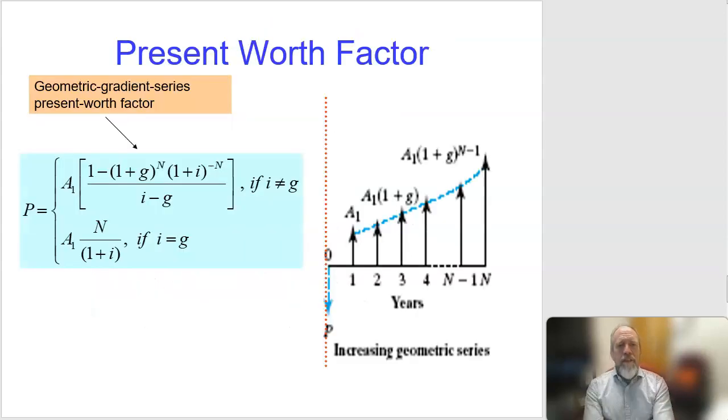Well, in this case, again, you've got another factor. Now, if i is not equal to g, that top one is the way that you do the calculation of present value. If i is equal to g, it's a different calculation. Also, there are two ways to calculate.